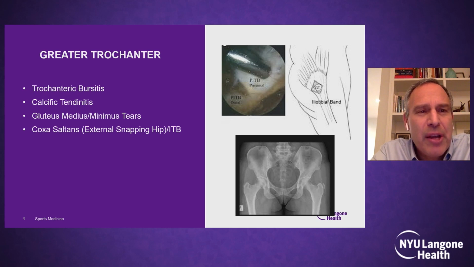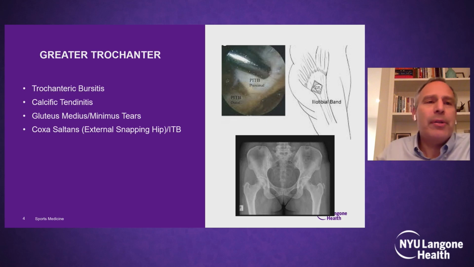Gluteus medius and minimus tears, and then coxa saltans, the external snapping hip, typically the iliotibial band running over the greater trochanter prominence.